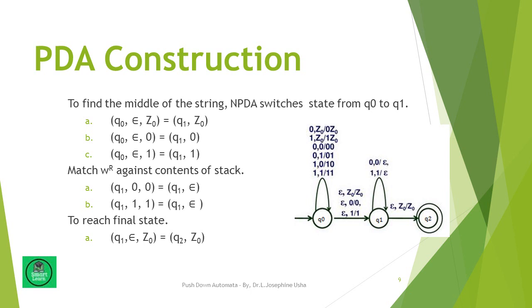Now the stack is empty, and all the symbols in W as well as WR are matched. All the symbols are popped out, so we can say W is followed by WR, and the string is accepted by the pushdown automata. This is the way we can construct the pushdown automata.